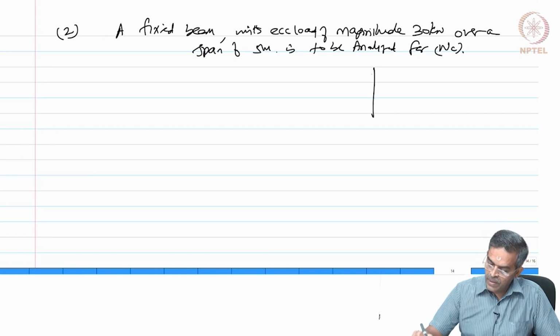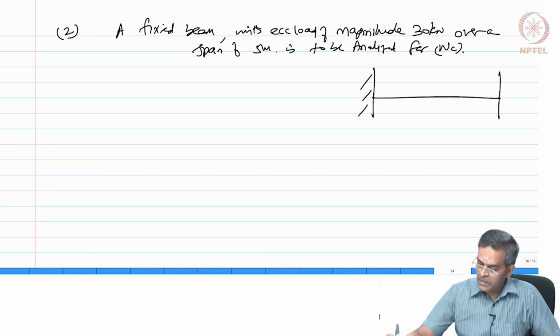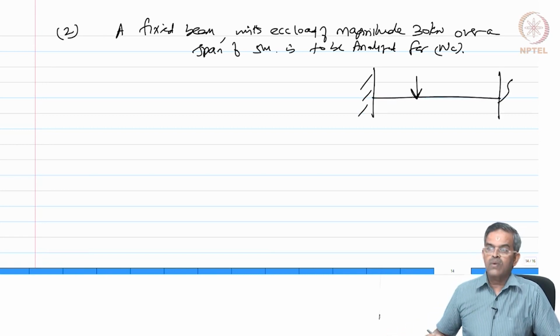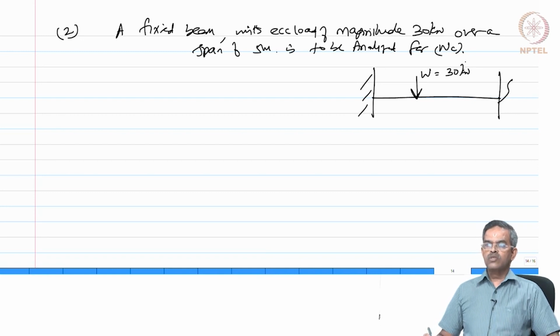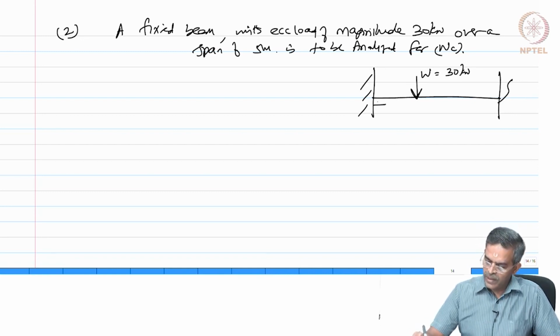Okay. So, the beam is here, fixed beam, there is a load which is W, which is 30 kilonewton, and the load is 2 meter from the end. So, this is 2 meter from the left end and this is 5 meters.